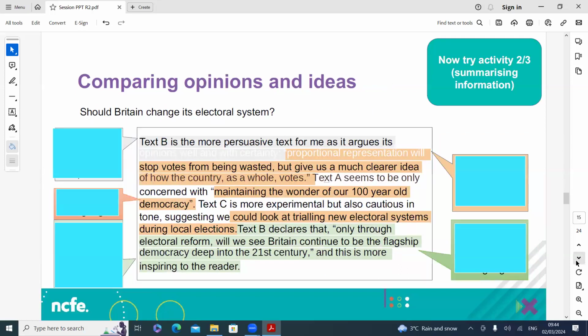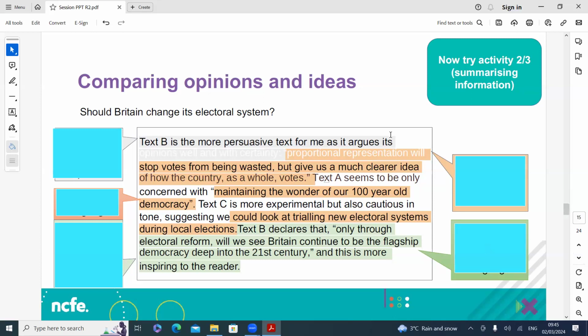So comparing opinions and ideas. So should Britain change its electoral system? And you are going to use the documents to answer that question. So you're going to refer to the documents and their ideas, making sure you name them, where you're getting the information from.